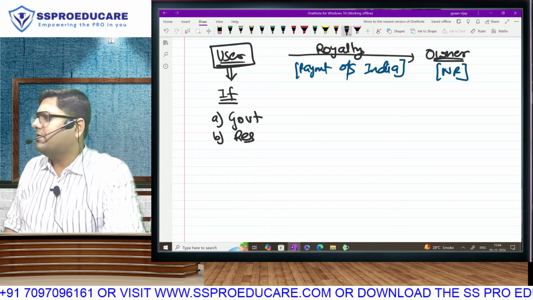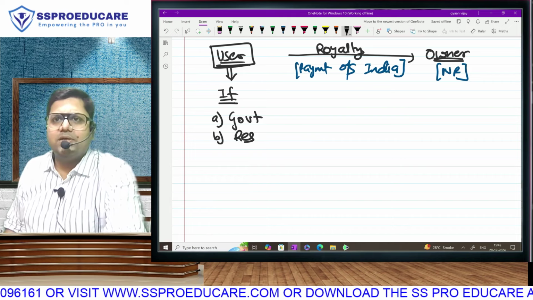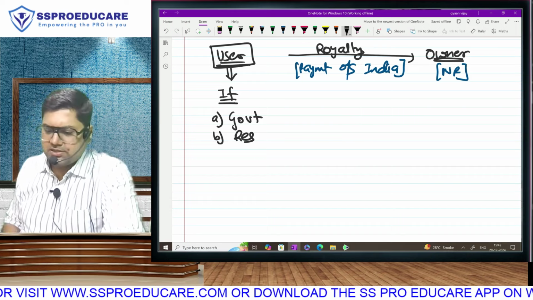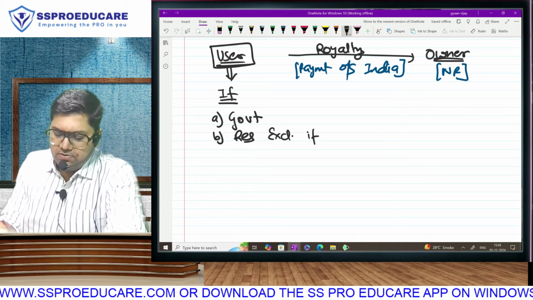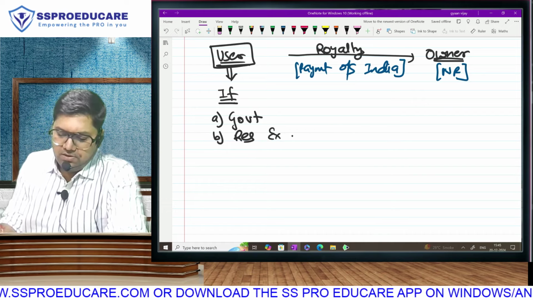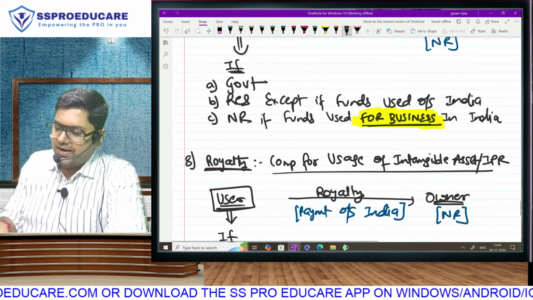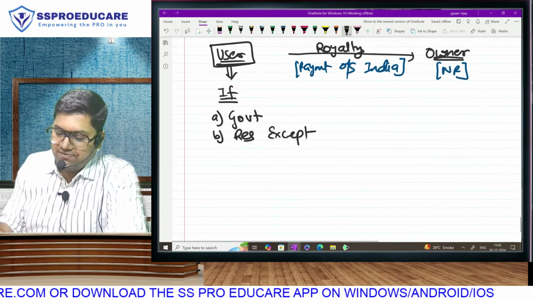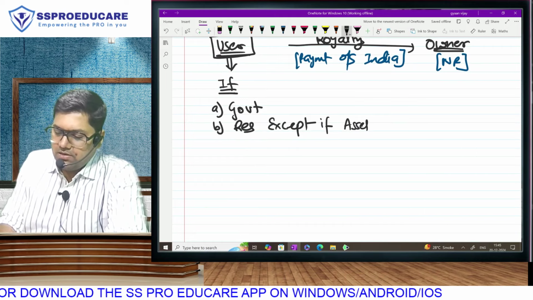But what if some other resident is the payer? So a resident ordinarily will use your asset where? In India. Therefore, where is your royalty being generated? In India, and therefore it is going to be Indian income taxable, excluding if used, or except if. Now, if you have understood the interest full story, resident, except if, this time I will not say funds, but I will say if the asset, which asset?